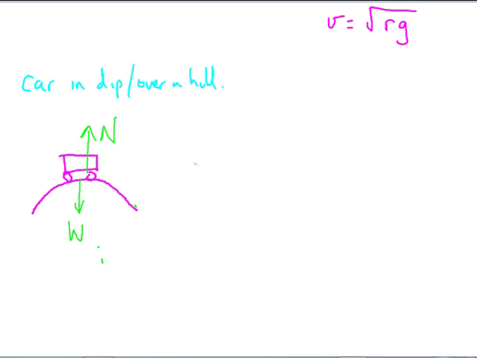N must be less than mg, because F net must equal mg, our weight force, minus the normal reaction force. If there's to be a centripetal force towards the center, acting down here, the weight force has to be greater than N, otherwise the net force points out. Or if the weight is equal to the normal reaction force, there's no centripetal force. It's not going to continue in that circular path. Does that make sense?